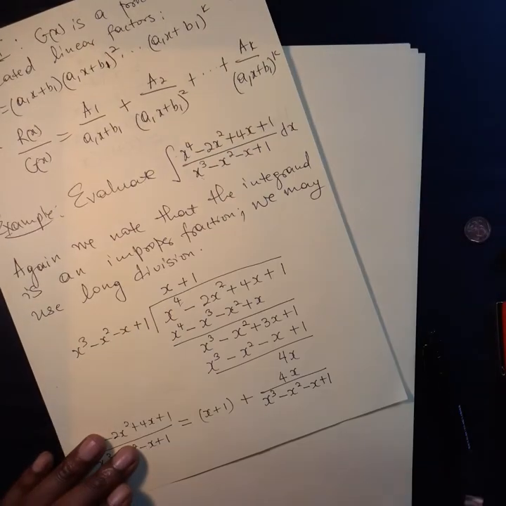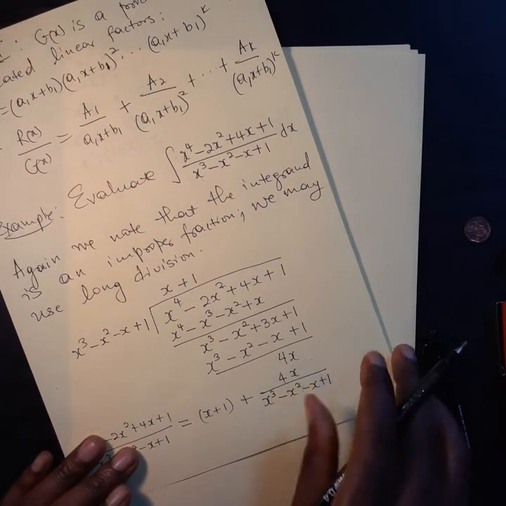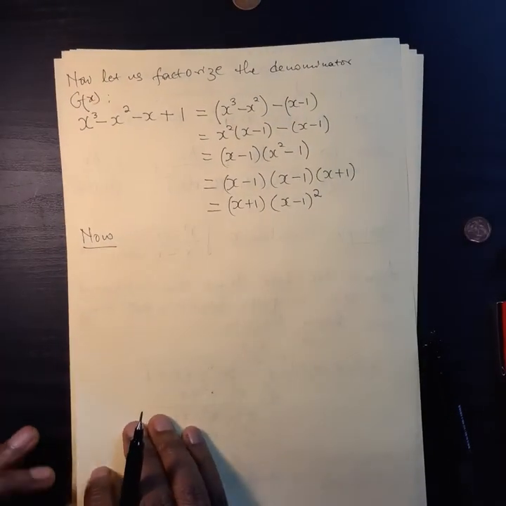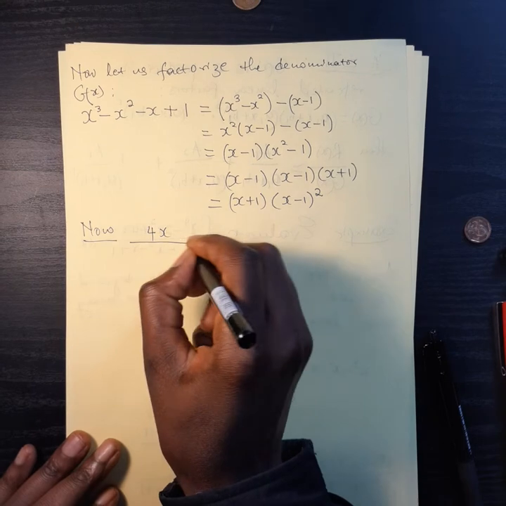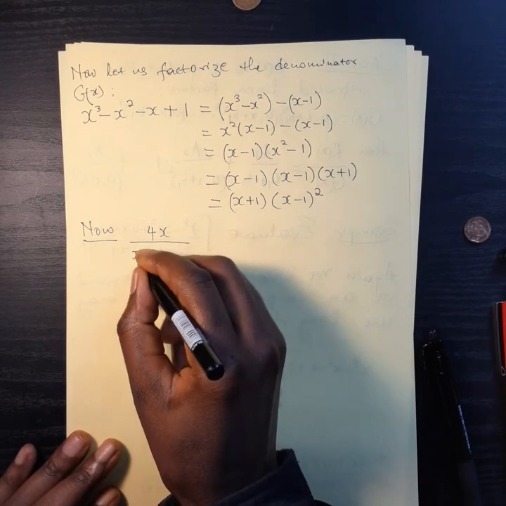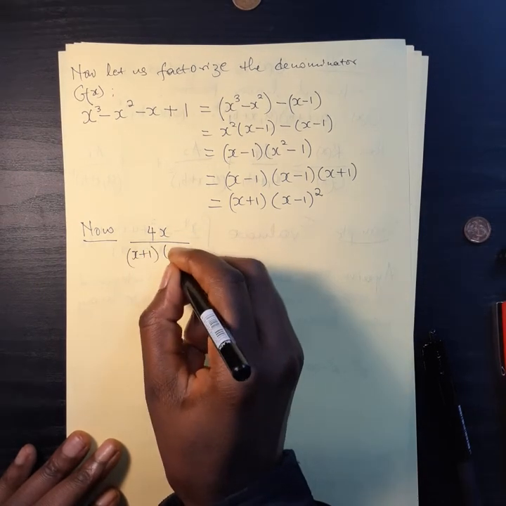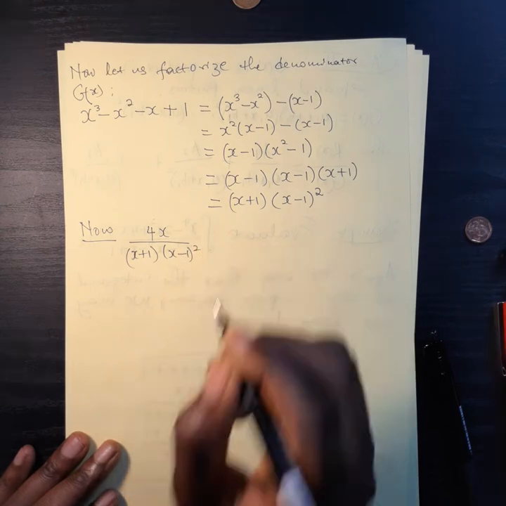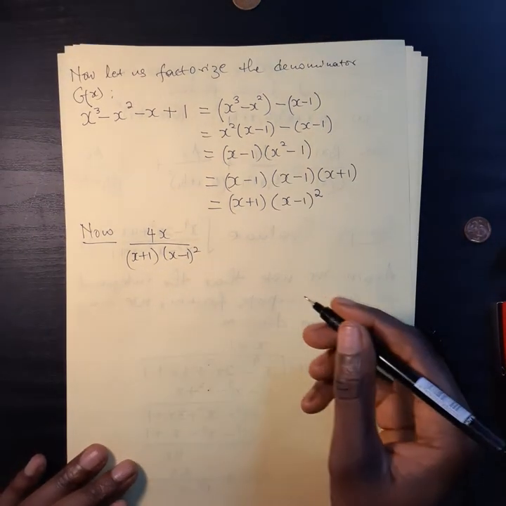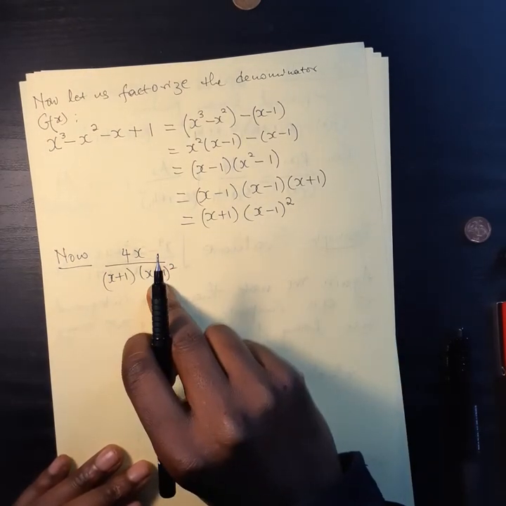Because we have succeeded in doing that, now it means this part can be rewritten as 4x over x plus 1 into x minus 1 all squared. Now you can see that this is a repeated linear factor.